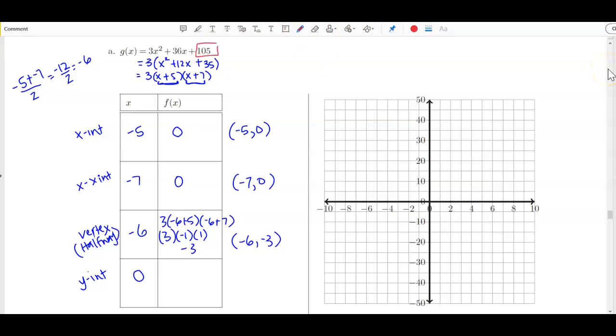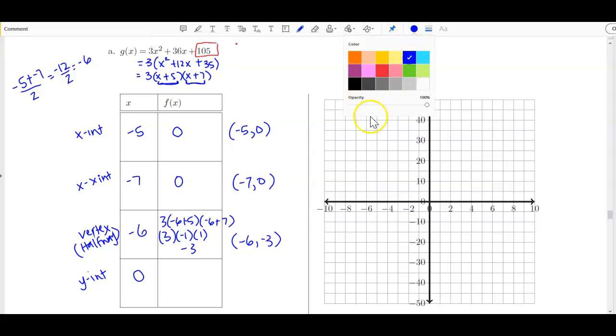But in this first form that we have it in, this standard form, think about if I put 0 in place of x. Well, I get 3 times 0 squared, that's just going to be 0. 36 times 0, that's just 0. And so it always just leaves me with whatever that last number is there. And so that would be 105.